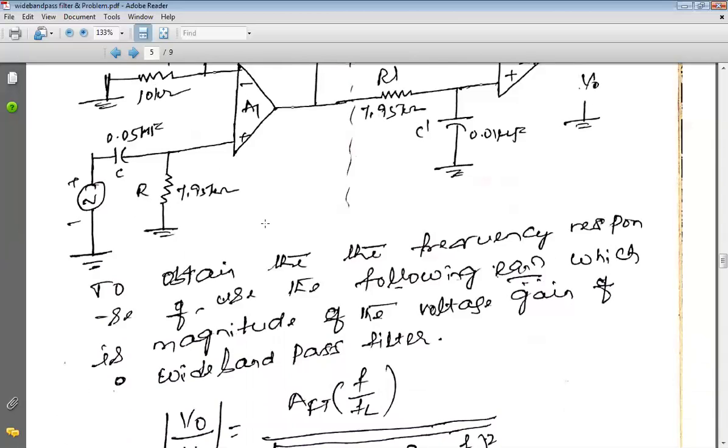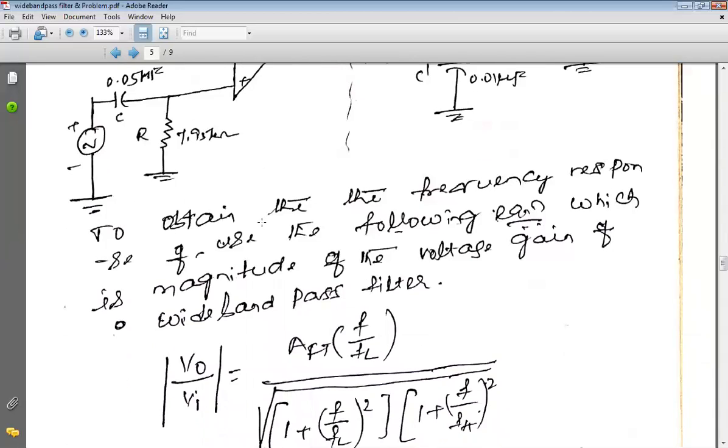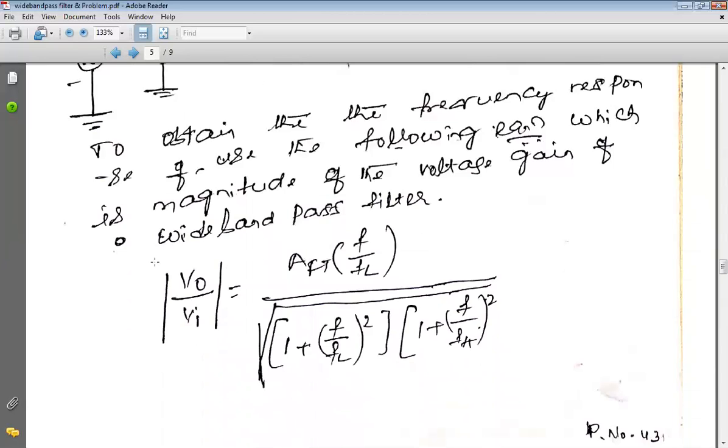To obtain the frequency response, the magnitude of the voltage gain of the wide band pass filter is, as we calculated in the previous section, AFT into F divided by FL, divided by the square root of 1 plus F divided by FL whole square, into 1 plus F divided by FH whole square.